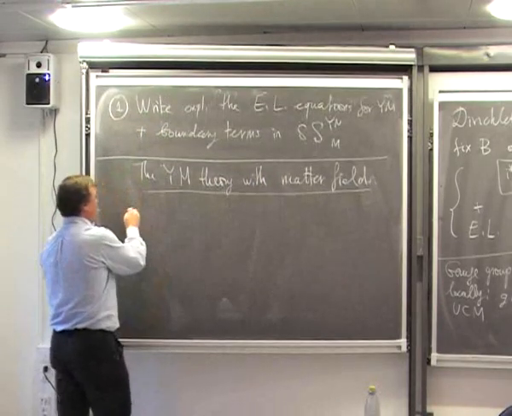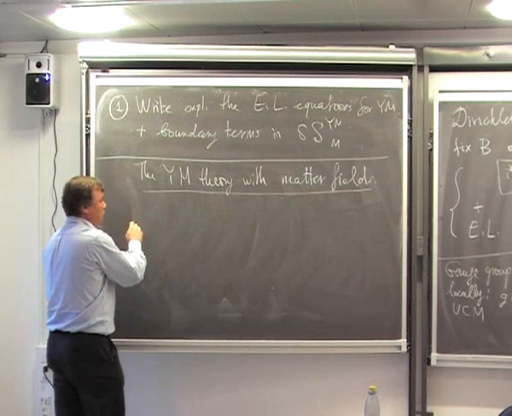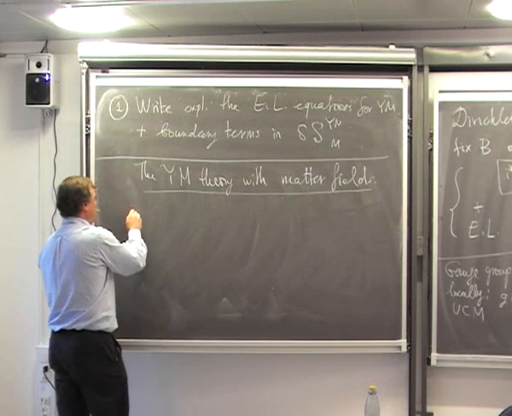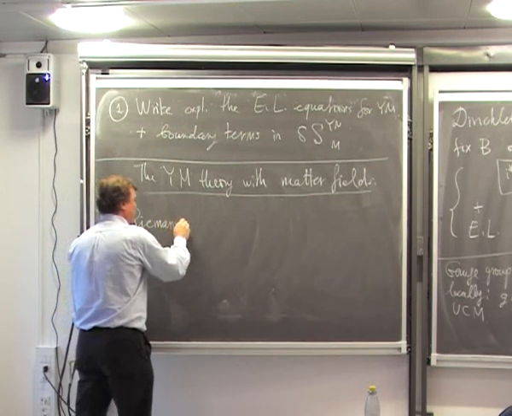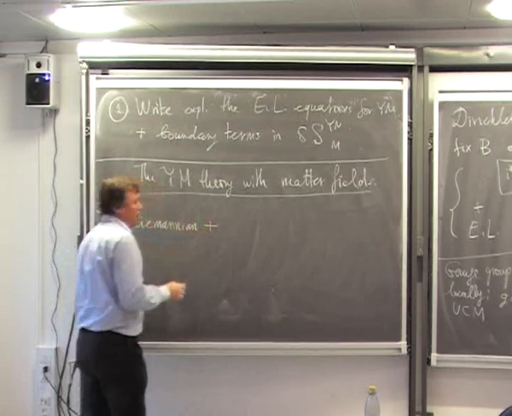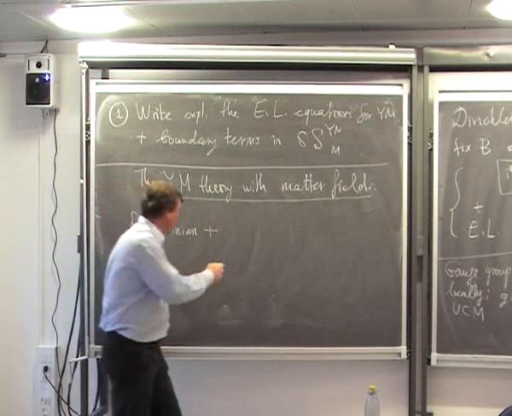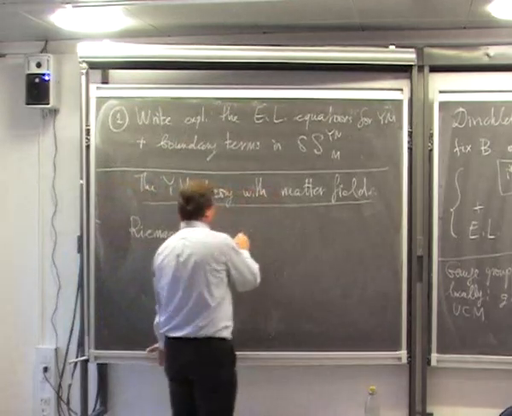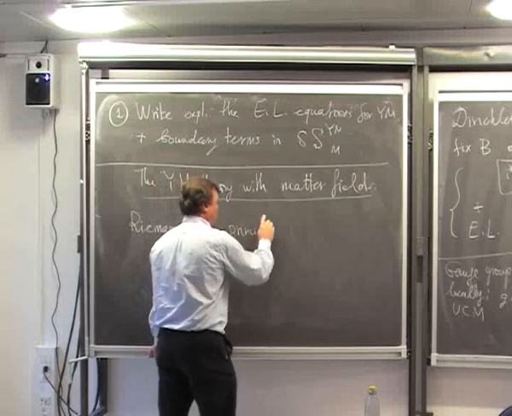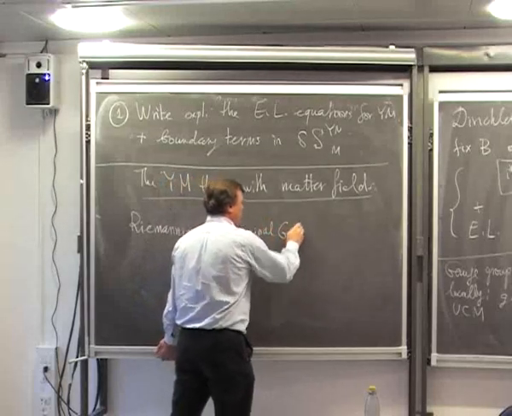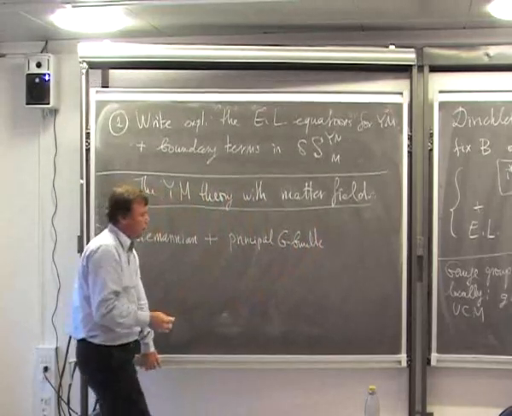So now space-time is the same, Riemannian, with one extra structure. Remember that I said that space-times may have many structures. So Riemannian is the first structure. Then a principal G bundle is the other structure.